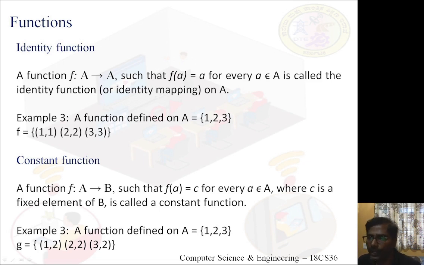That is, f of a equals a for every a belonging to set A. For example 3, set A consists of 3 elements 1, 2, 3, and a subset of A cross A consisting of 3 ordered pairs (1,1), (2,2), (3,3).